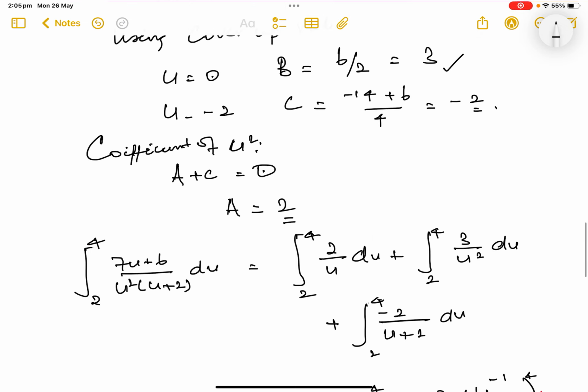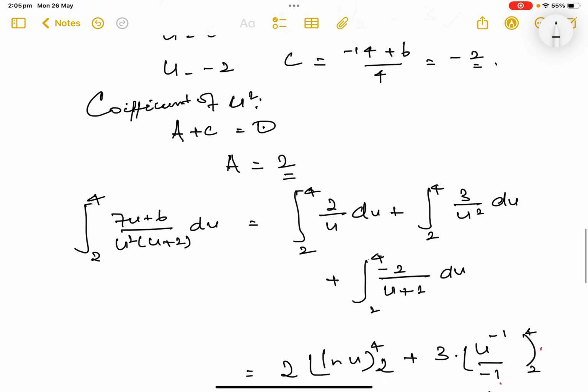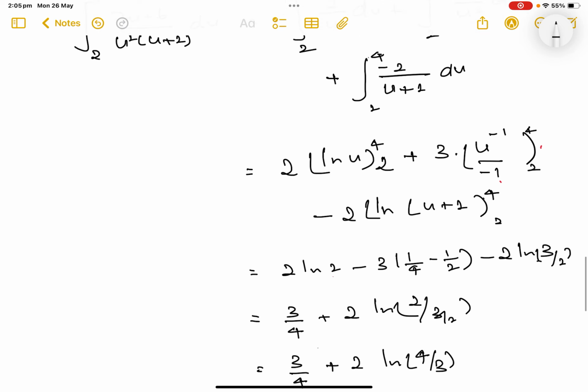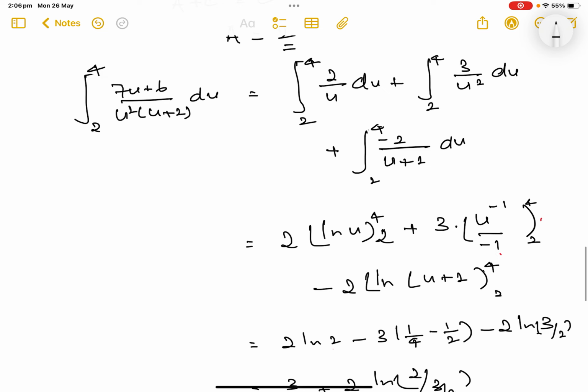And we have found the partial fraction. The first one: integral from 2 to 4 of 2 over u du, plus integral from 2 to 4 of 3 over u squared du, plus integral from 2 to 4 of minus 2 over (u + 2) du. The first one, 2 is constant, 1 over u is ln.